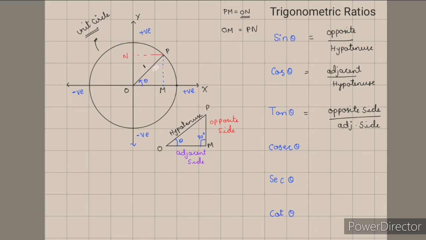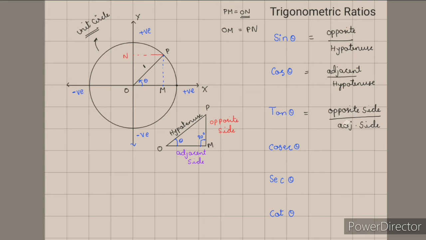Then sin theta will be just the side PM, and cos theta will be OM by 1, which is OM. Similarly, sin theta will be PM by 1, which is PM. So we observe the length of PM as theta varies. Now let's see what it will be for tan theta.